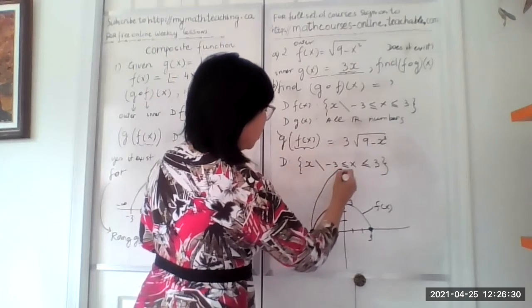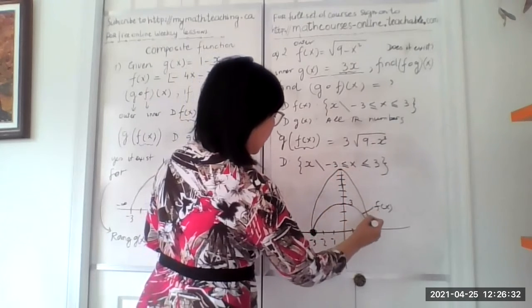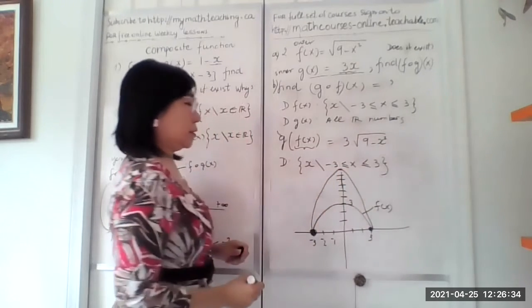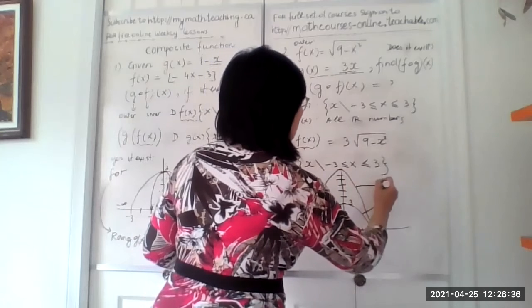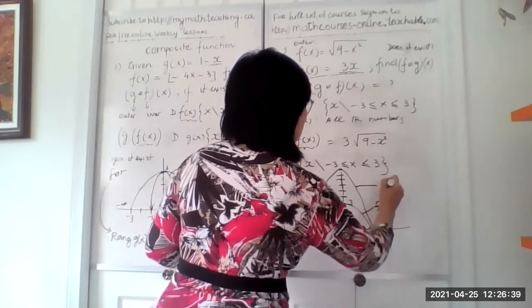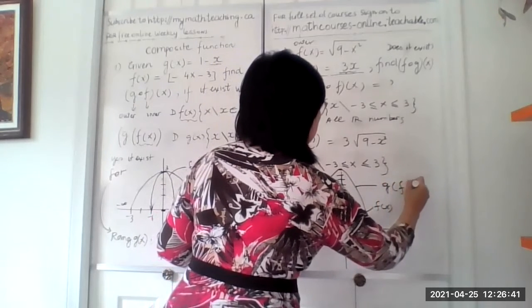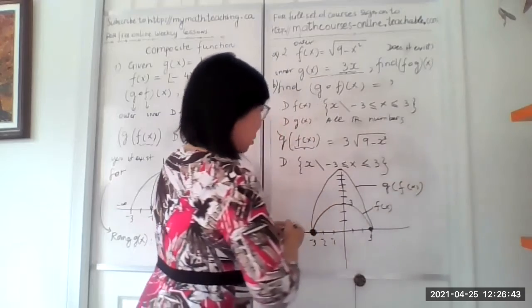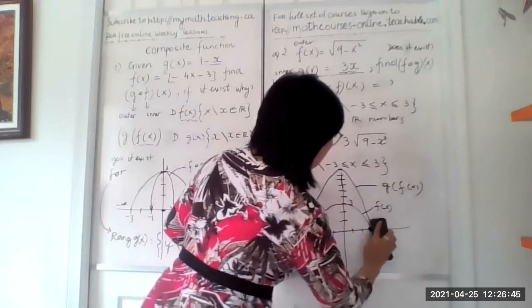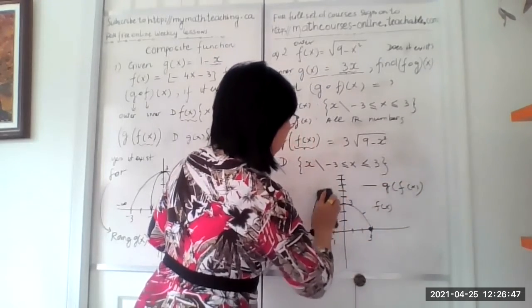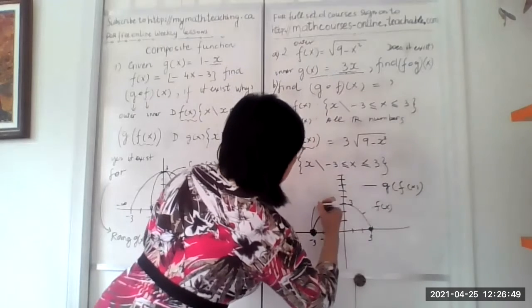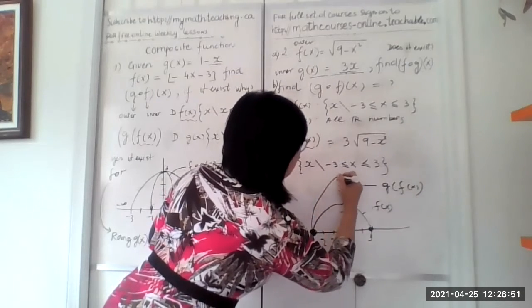So our new composite function now has a shape that looks like this. So this is the new function g of f of x. And let me draw it a little bit more decently, looking like a circle rather than a top pyramid like that.